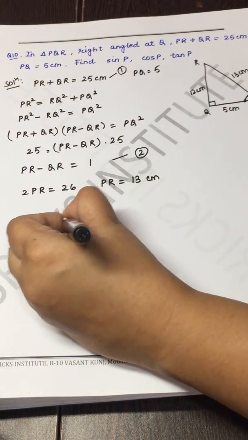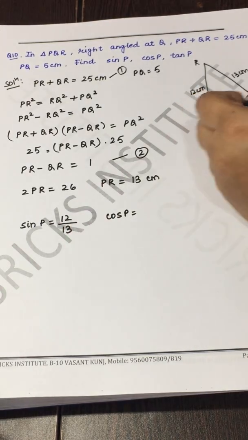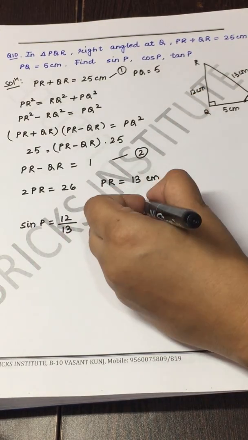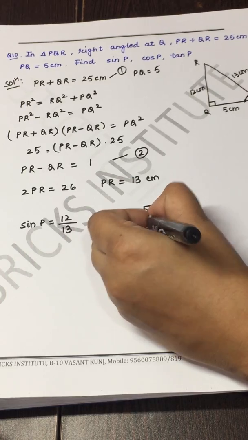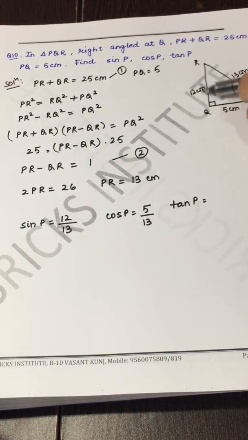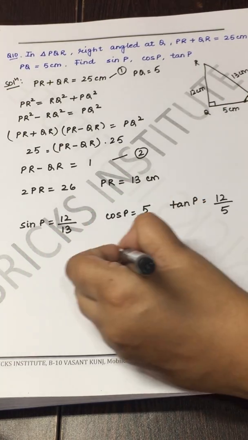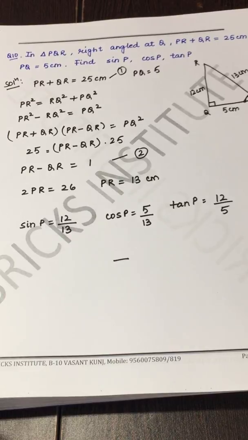So 12 upon 13. Cos P is base upon hypotenuse. So 5 upon 13. Tan P is equal to perpendicular upon base. So 12 upon 5. That finishes your first exercise of NCERT.